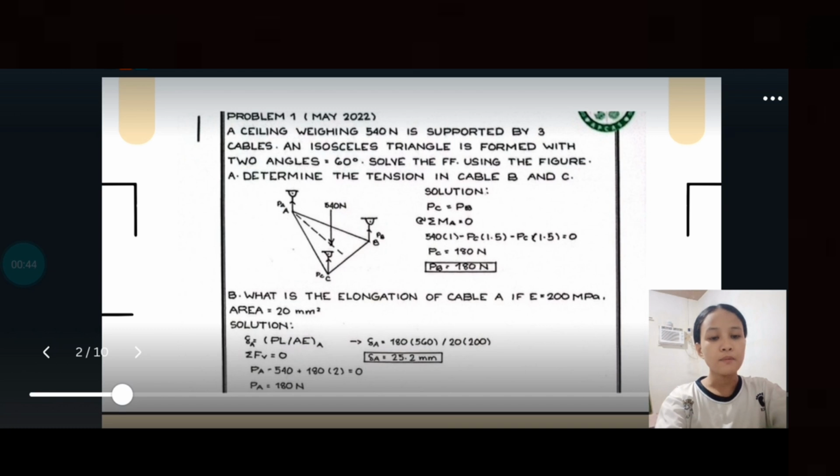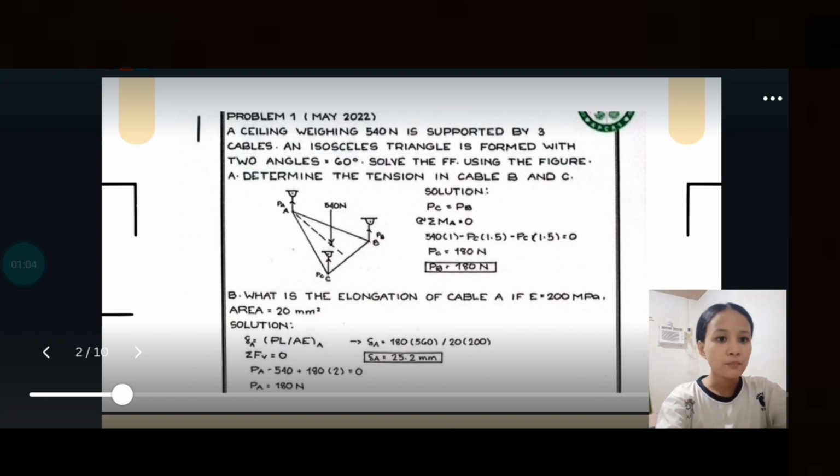So PC and PB are equal since the figure is an isosceles triangle. First, we need to take the moment at A to get the reaction at PB. Clockwise is positive. So the sum of MA is equal to 0.